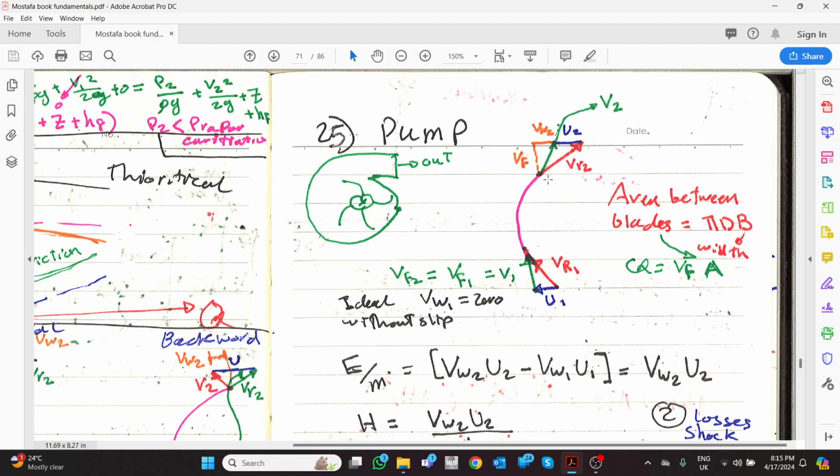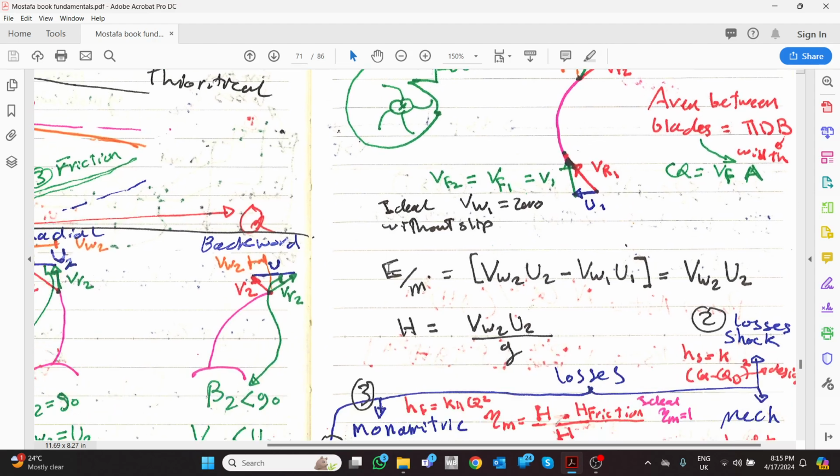Okay, so based on this, we can know the velocity component in the rotation direction for V2, which is the whirling velocity or tangential velocity.